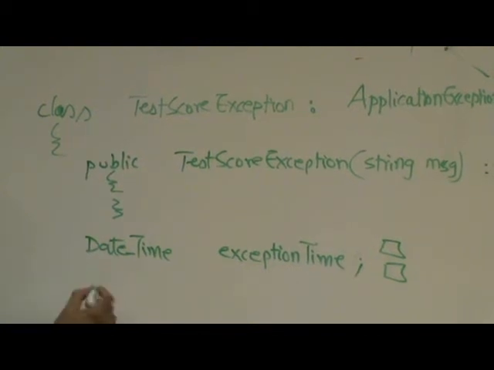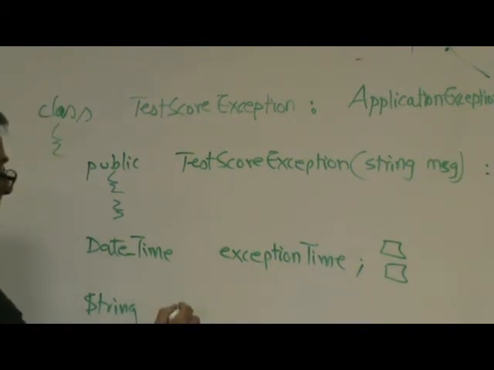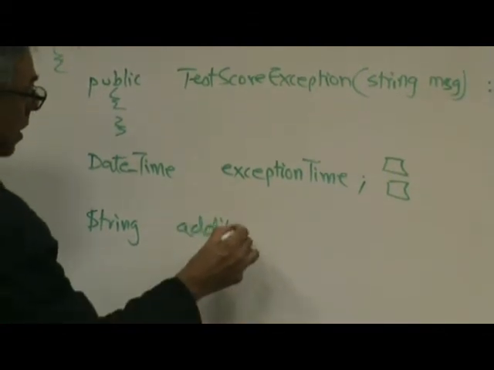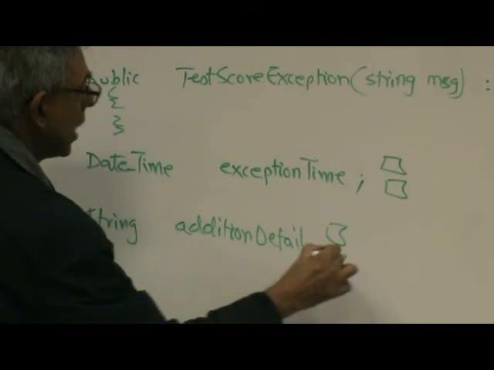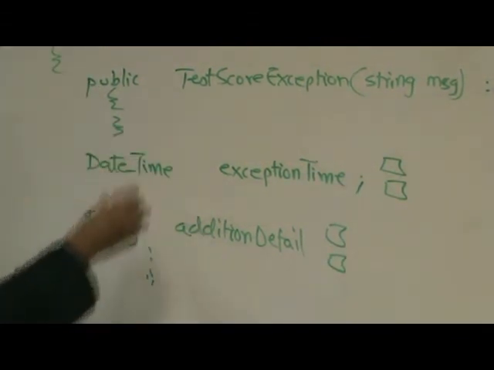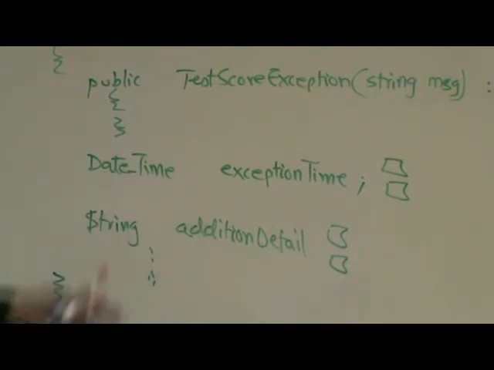You can provide some kind of a reason, so string additional detail or something, and again the get set for that. So you can think of as many extra things that you want to put over here.